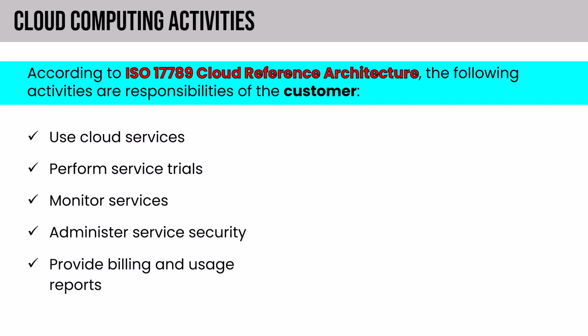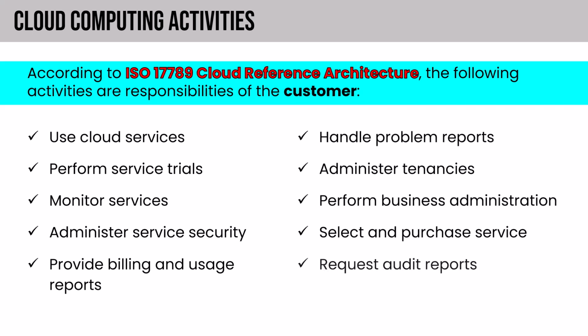Certainly the cloud platform, the CSP, will provide billing and usage tooling often, but billing and usage reporting falls to the customer. And also operations, handling problem reports, performing business administration, administering cloud tenants, selecting and purchasing services, and requesting audit reports. These are all, again, customer responsibilities.